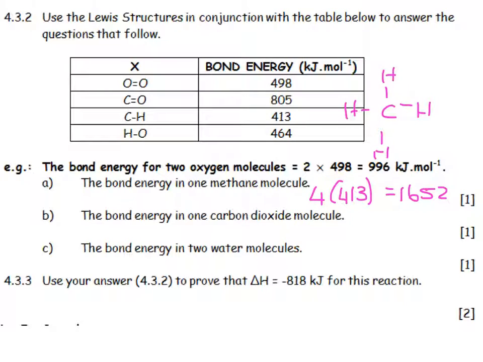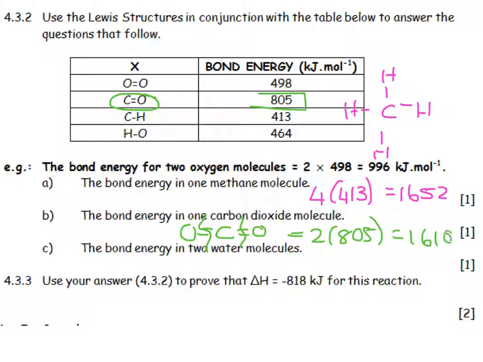You need to put the unit in. I've just run out of space on the page. Then when I look at a carbon dioxide molecule, it's O double bond C double bond O. So C double bond O is 805. There are 2 of those that would need to be broken, so it's 2 times 805, and I'll end up with 1,610 kilojoules per mole.